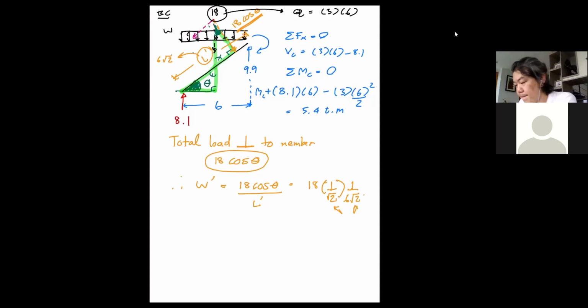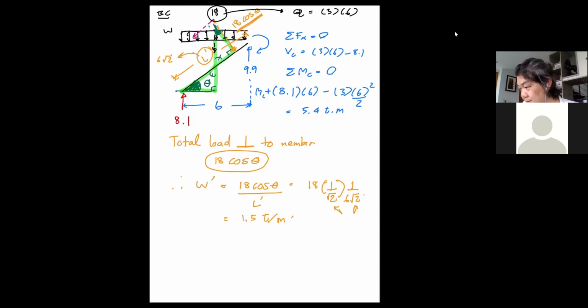Okay, so in the end, this W prime is equal to 1.5, what unit? Yes, ton per meter. Okay, this will be the uniform load that is now perpendicular to your member. And you must use this to calculate your shear force and bending moment diagram.